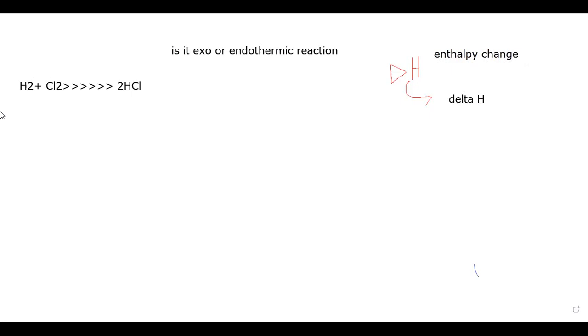How can you find delta H for this reaction? First of all, you must write the reactant and the product with bond. H2 I will write as H bond H, plus Cl2, I will write Cl bond Cl.